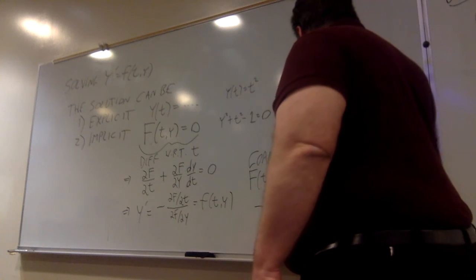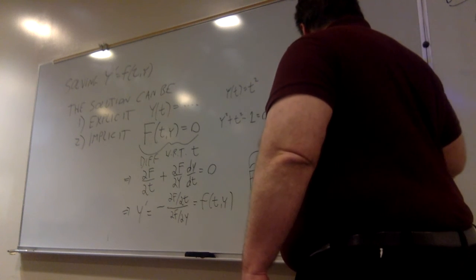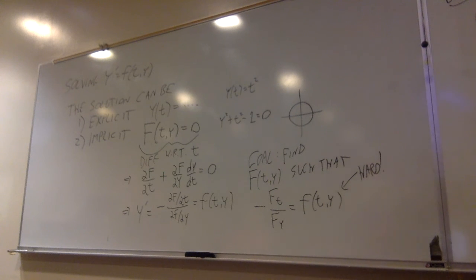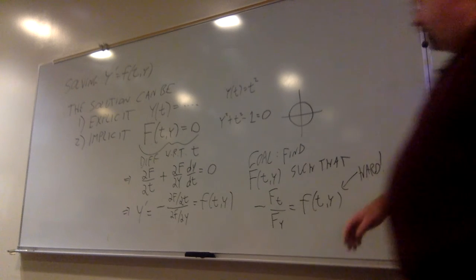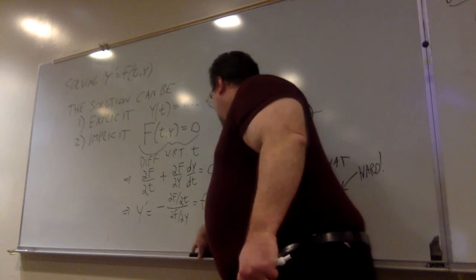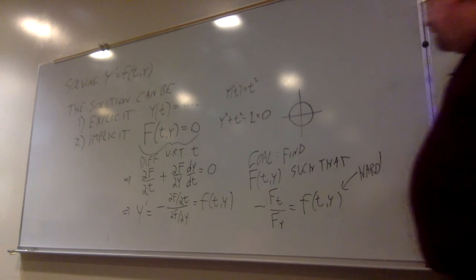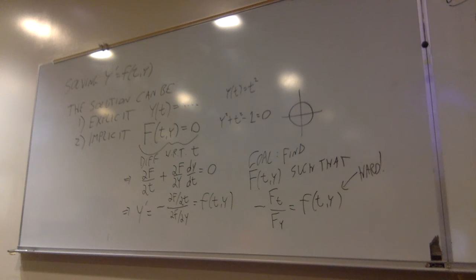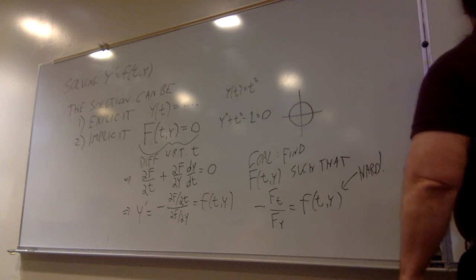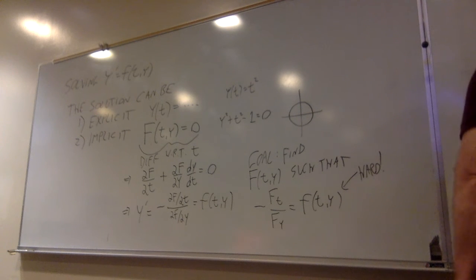But this is pretty hard to do. Unless the equation involved is trivial, you can't normally expect to easily find a function capital F that will satisfy that. So what we're going to do is try to get the equation in a form where this can be done.